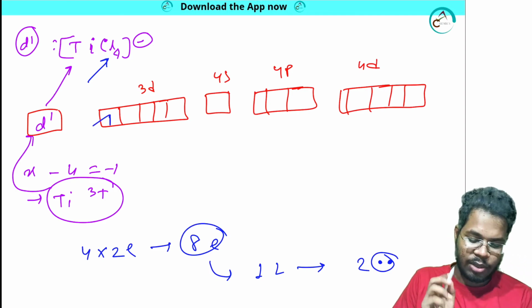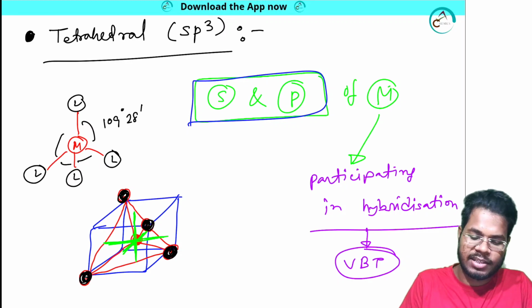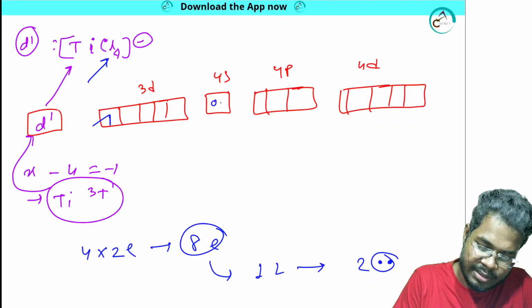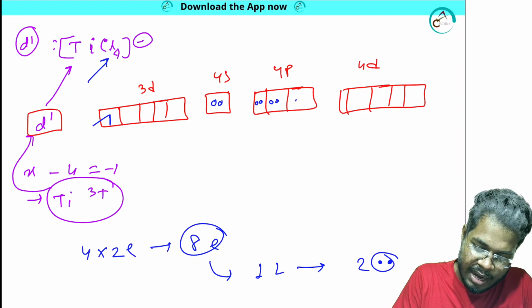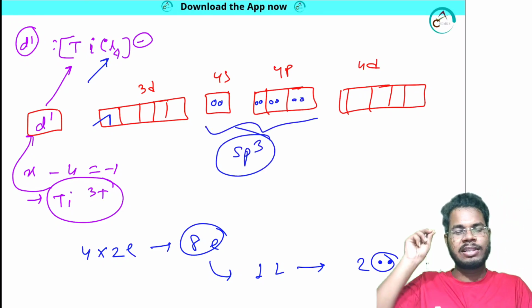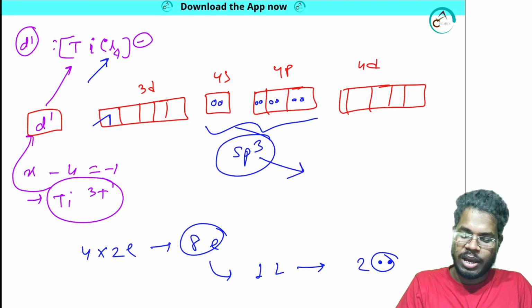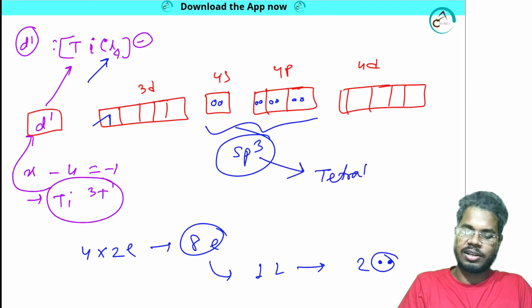And I told you that only the s and p orbitals participate in hybridization. That's why you just need to consider these, and finally this will provide you sp3 hybridization. And I think you knew that sp3 hybridization belongs to the tetrahedral structure.